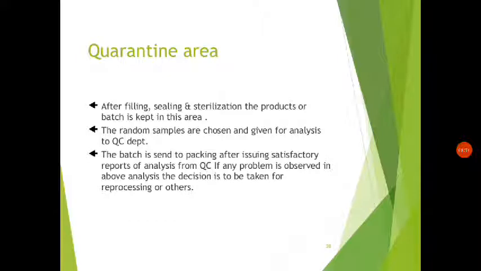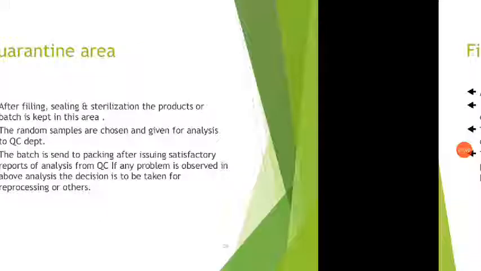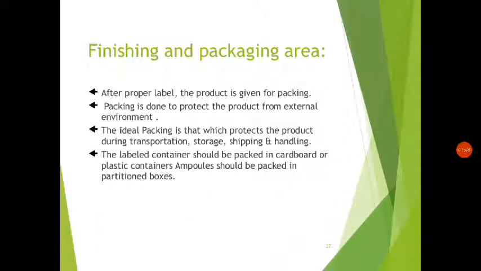The products are kept in batches until QC is performed completely, and random samples are chosen from these for analysis in the QC department, not only for the finished product but quarantine is also done for the incoming ingredients, including the API, the vehicles, added substances, etc. So if any problem is observed in the above analysis, reprocessing or repurchase of the chemicals is done.